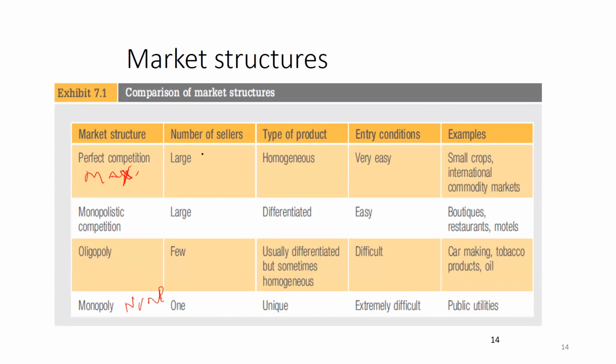Because there are thousands of buyers and sellers, and they're selling exactly the same product. And this kind of business is easy to start and close. The best example you can remember is your daily fruits and vegetables.